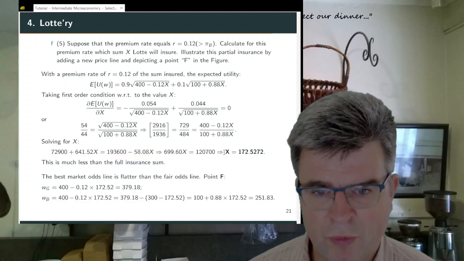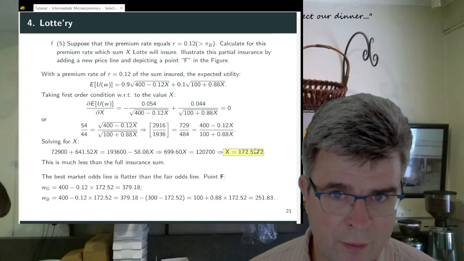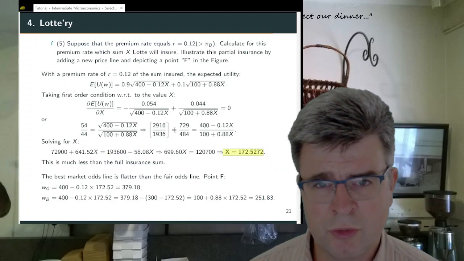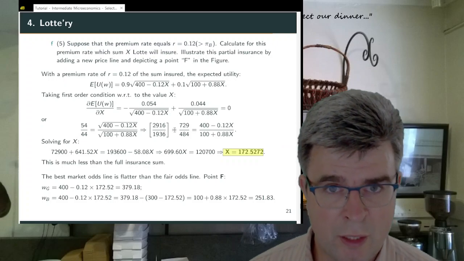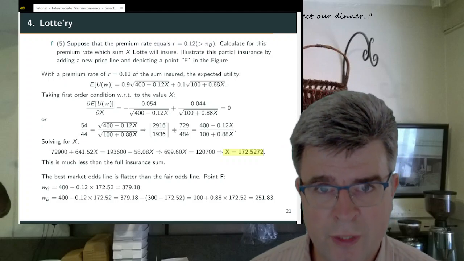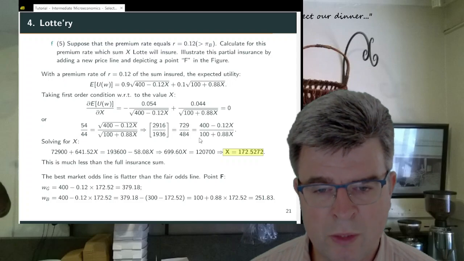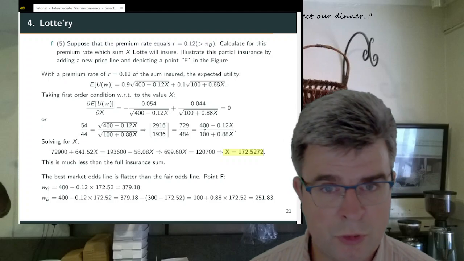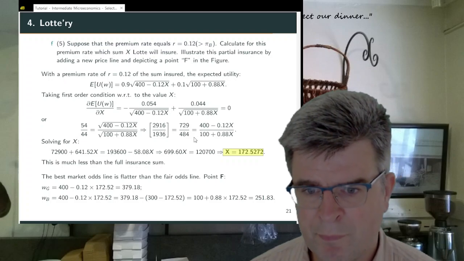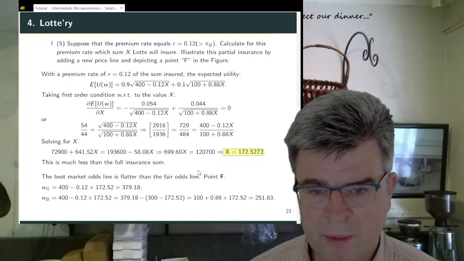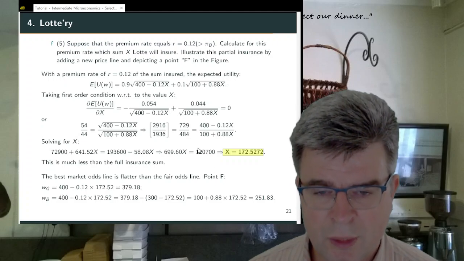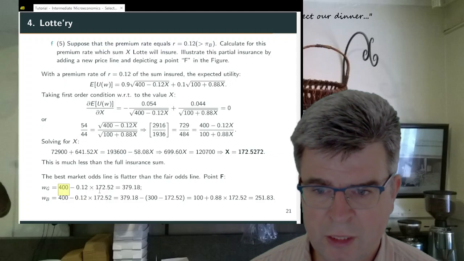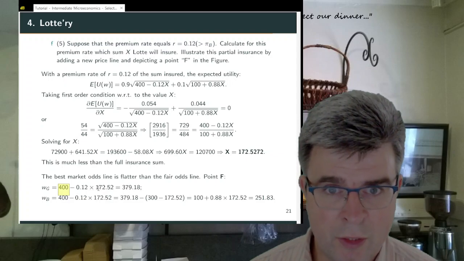Then we further simplify and we find that now with the less attractive insurance policies, Lotte will not insure the full amount of 300, but she will only insure an amount of 172. So she will not buy full coverage, and we can depict it as point F, because now in the good state of the world she will end up with 400, but she needs to pay an insurance premium.